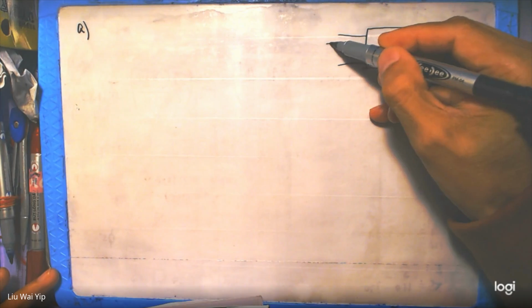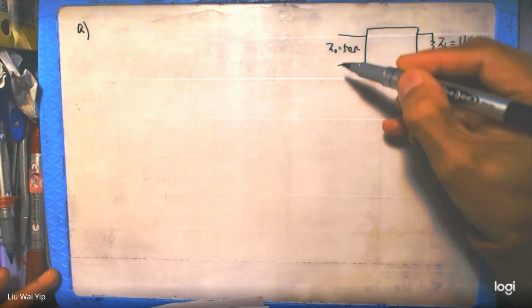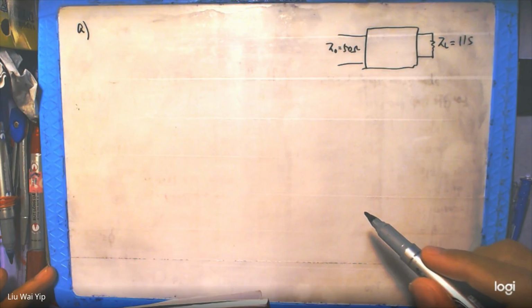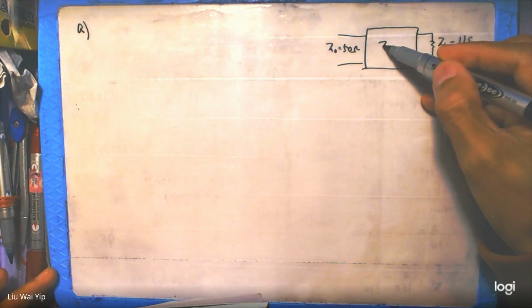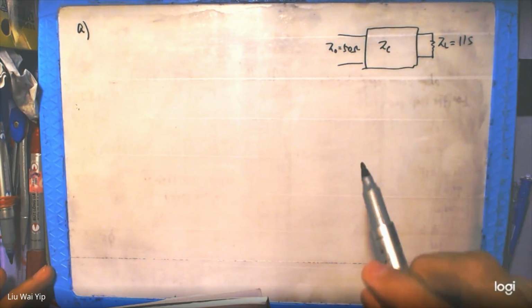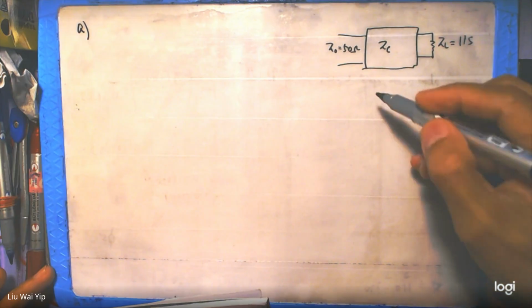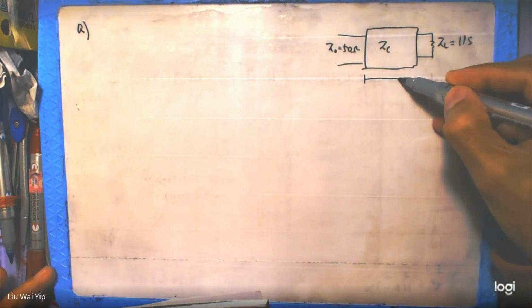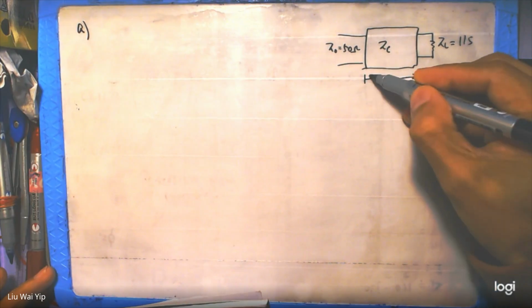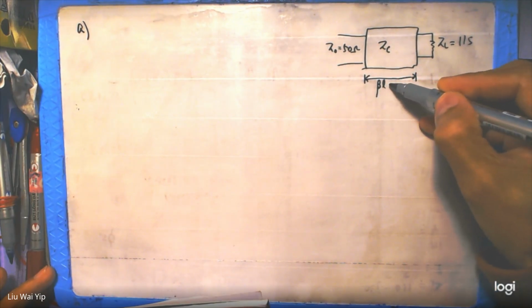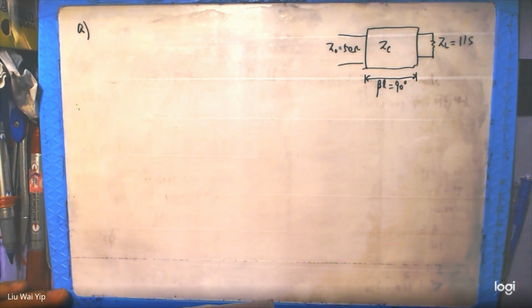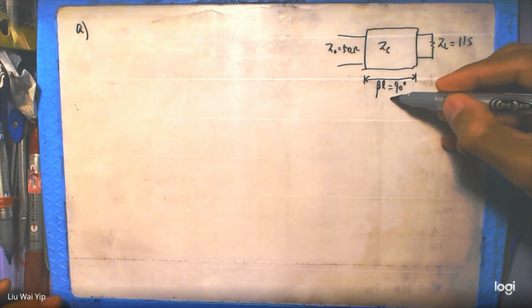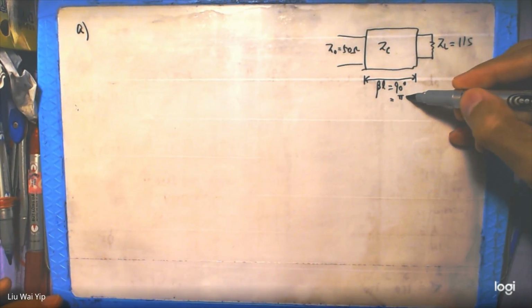Here is the characteristic impedance of the transmission line. So what is the characteristic impedance of the quarter wave transformer? The length here, beta L, is equal to 90 degrees, or pi over 2.